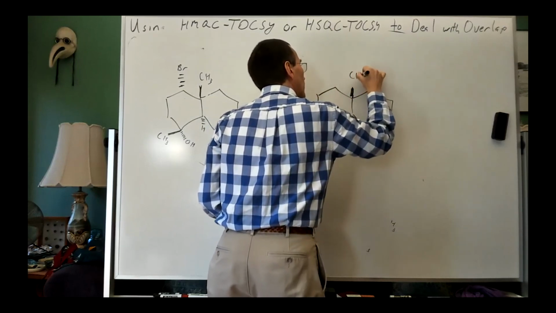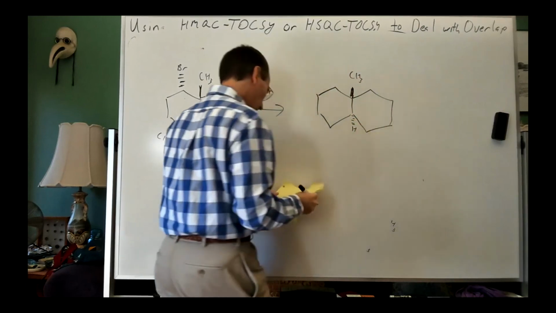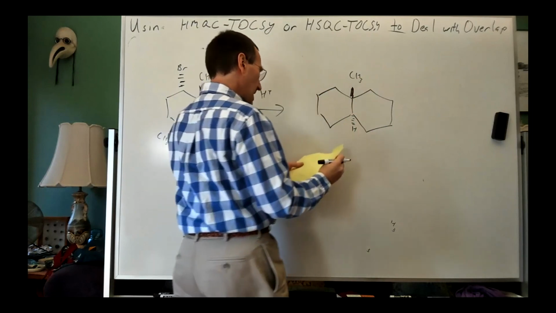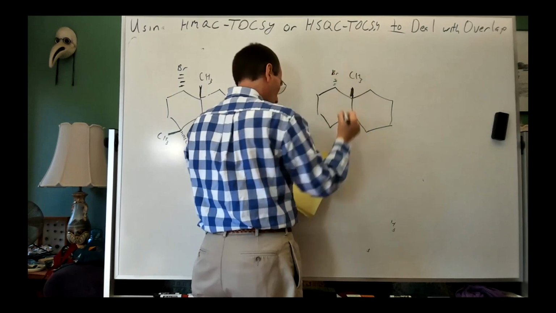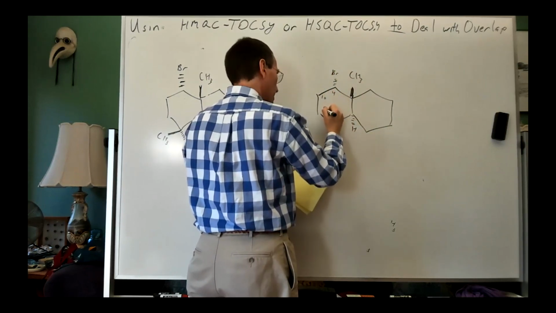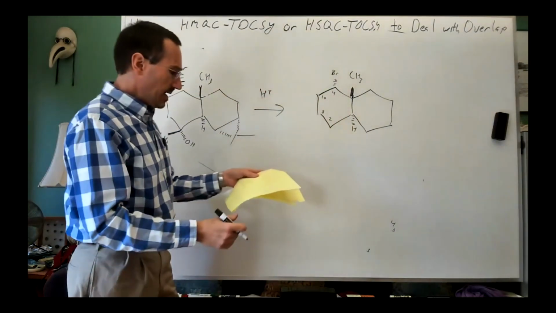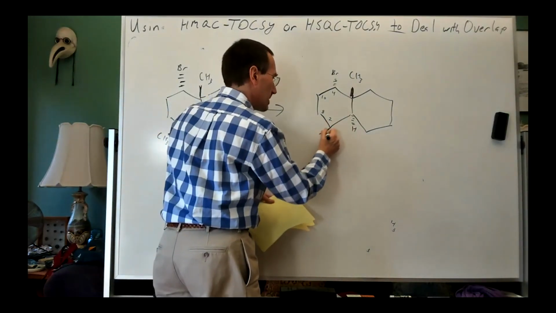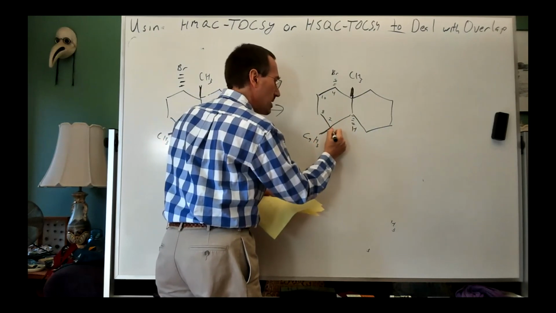And now here's our molecule redrawn. And I'm going to put in the numbering scheme from what we just have here. So this is our carbon number 4. This is our carbon number 10. This is our carbon number 8. That's our carbon number 2. Carbon 2 is connected to methyl group 9, C9H3.